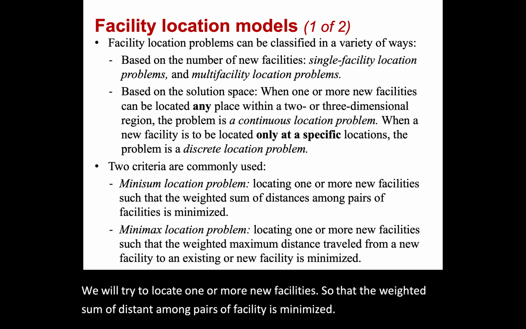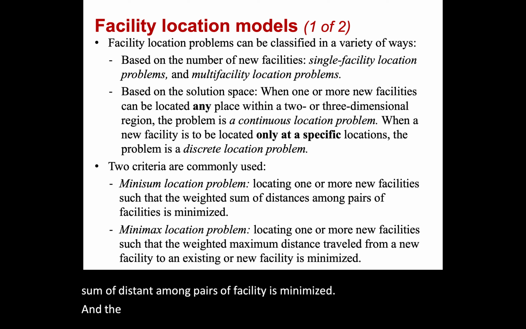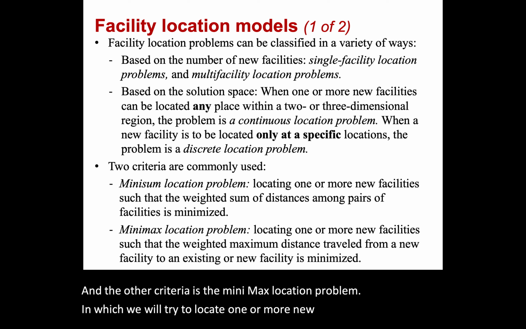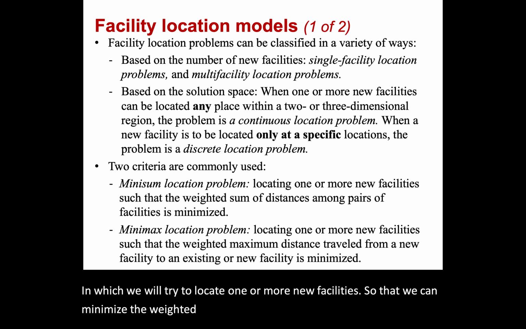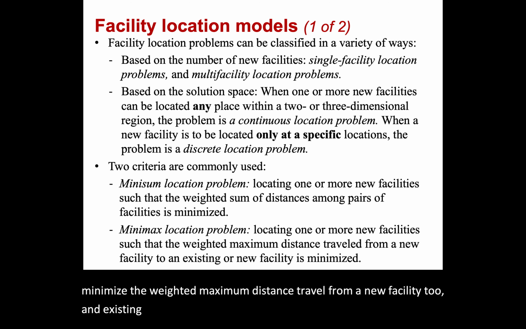The other criterion is the minimax location problem, in which we try to locate one or more new facilities so that we minimize the weighted maximum distance traveled from a new facility to an existing or to another new facility.